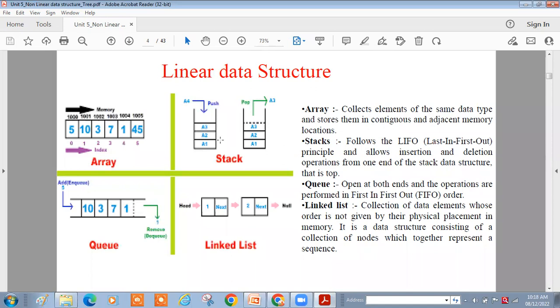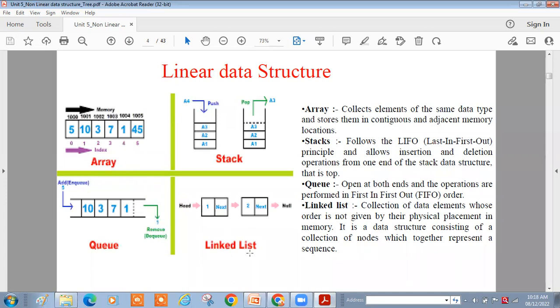Then next is queue. This is again one of the linear data structures, where it is open on both ends and the operations are performed in first in first out order. Last is linked list. A linked list is a collection of data elements whose order is not given by the physical element in memory. It is a data structure consisting of a collection of nodes which together represent a sequence.